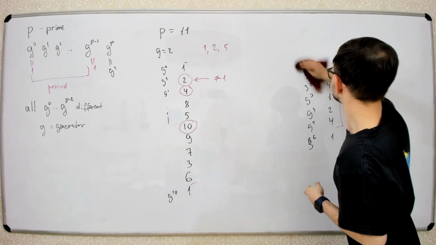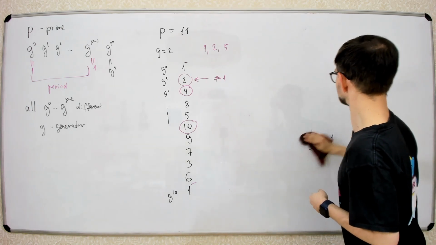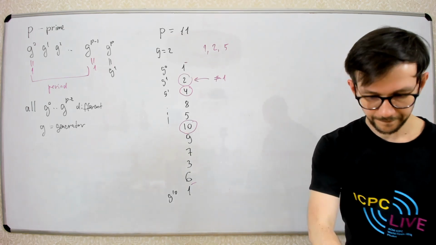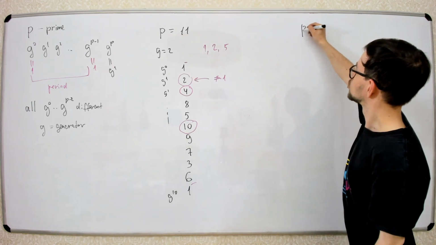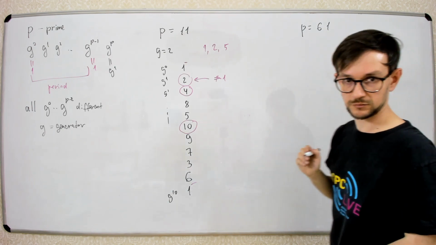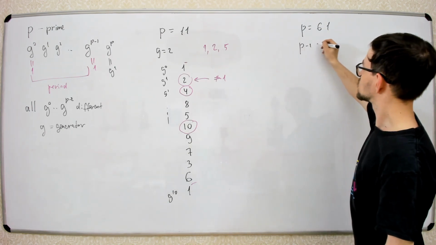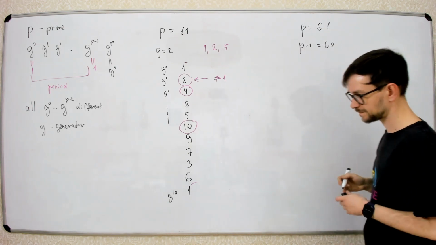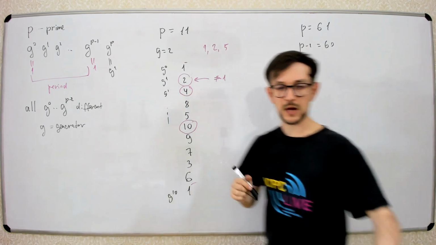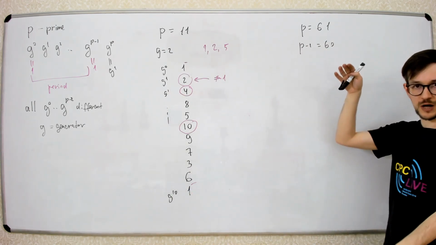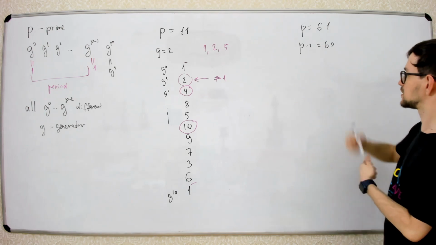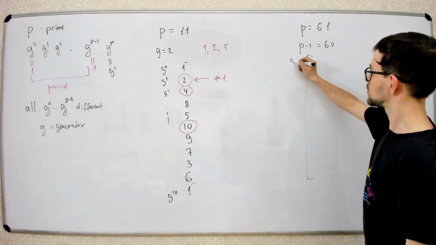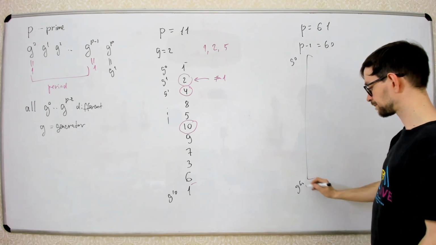Let's look here. Let's say, for example, p equals 61. So I have p minus 1 equal to 60. I have my period of 60, so I have g power 0, g power 60.